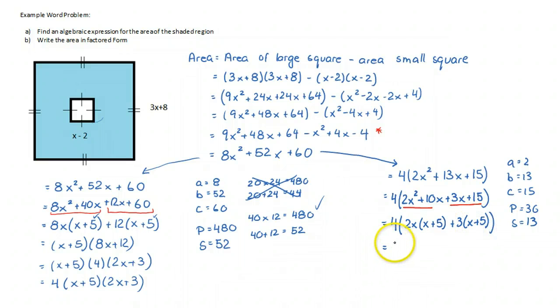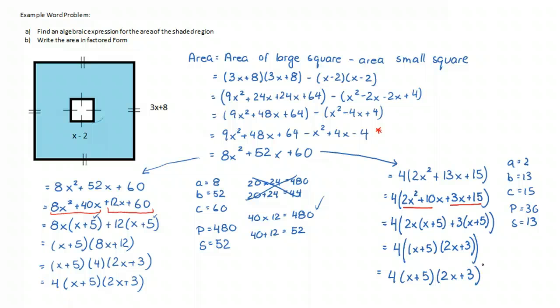So then I get 4, and now I'm going to factor out the x plus 5, so we get x plus 5, 2x plus 3. You'll notice I have these larger brackets, so they're actually irrelevant, so I can say 4 bracket x plus 5, 2x plus 3. And I'm done. So that's how we go through this problem.